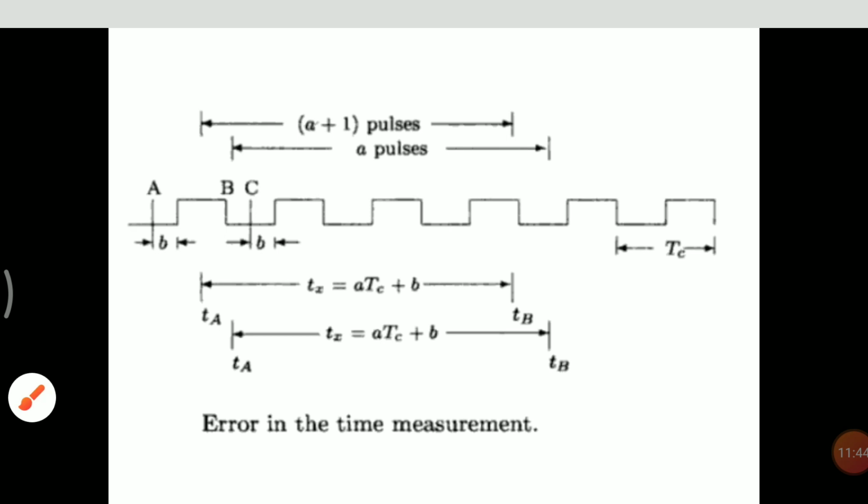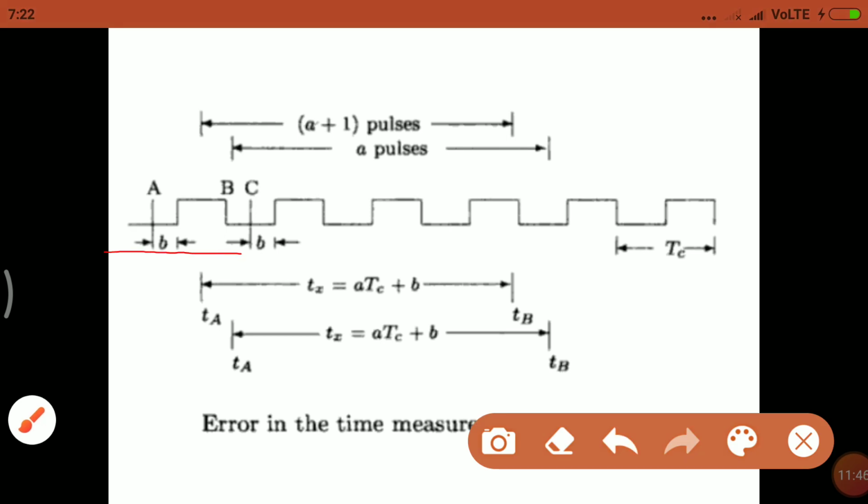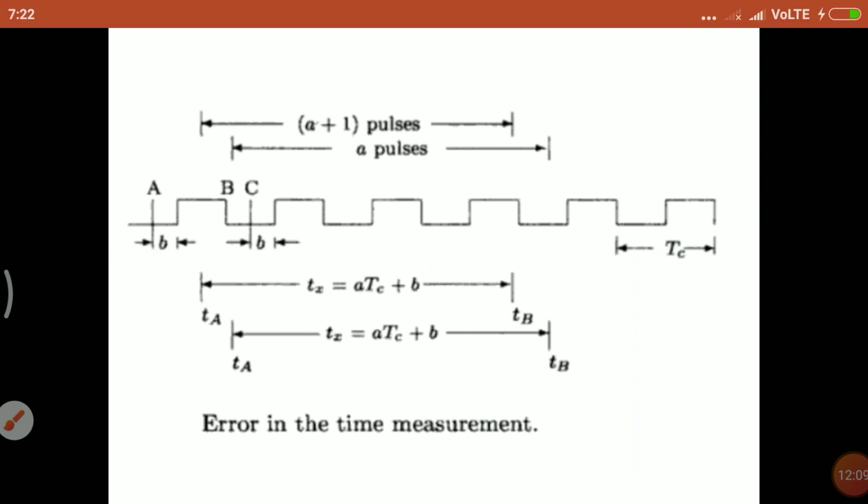If you see here, the clock frequency is given with a duty cycle of 50%. What is meant by duty cycle? T on period plus T off period divided by total time, or in terms of percentage, it is multiplied by 100. So this is the clock frequency which is given to one input of the AND gate.